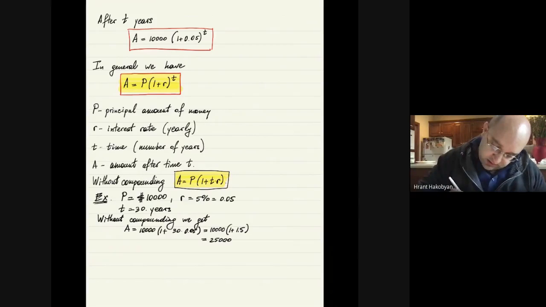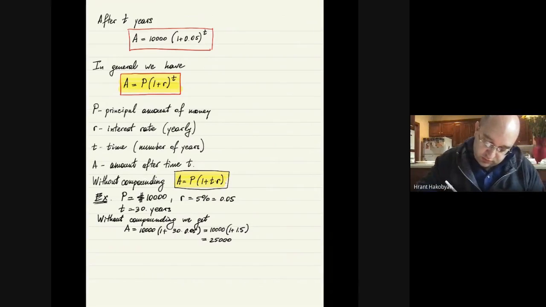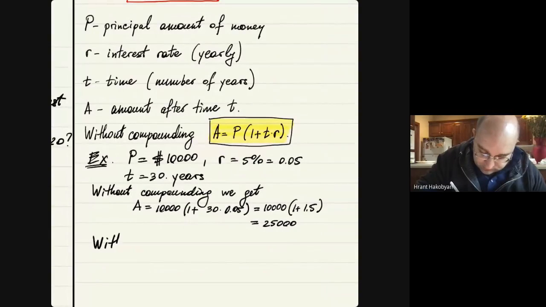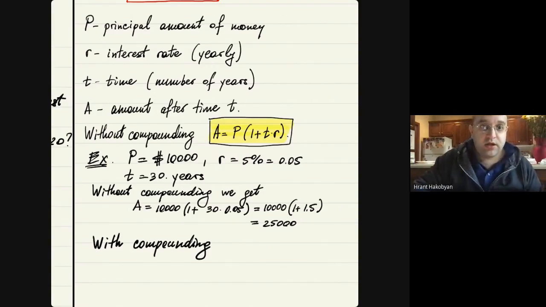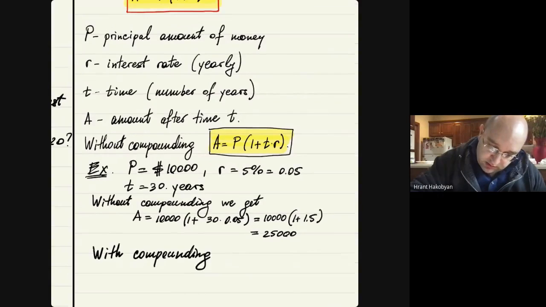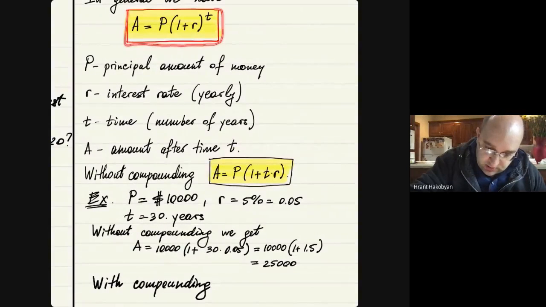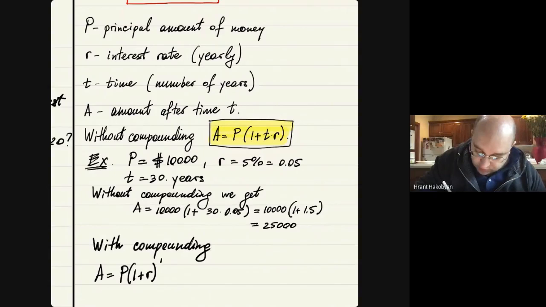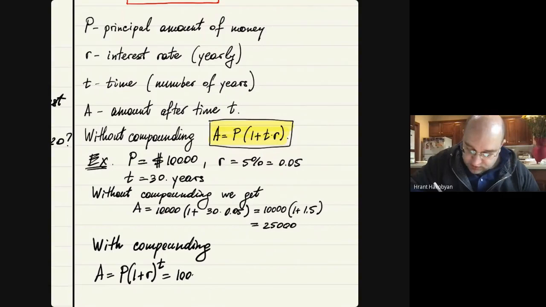Now I'm curious about what happens with compounding. With compounding, we get this other formula that we had on the top. So let's use that formula instead. A is equal to P times (1 plus R) to the power T. Again, the initial amount is 10,000.